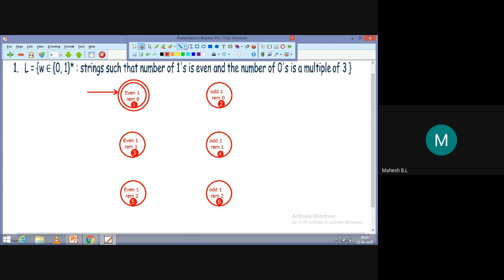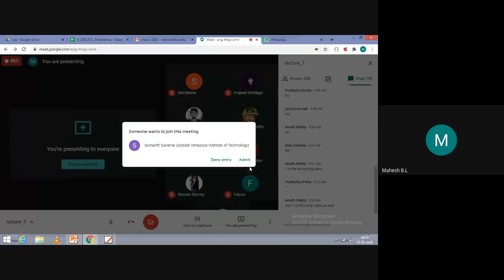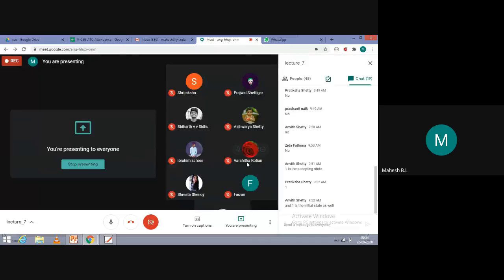So in state 1, if the input symbol is 0, to which state do you need to make a transition? Tell me quickly. State 1, input symbol is 0.